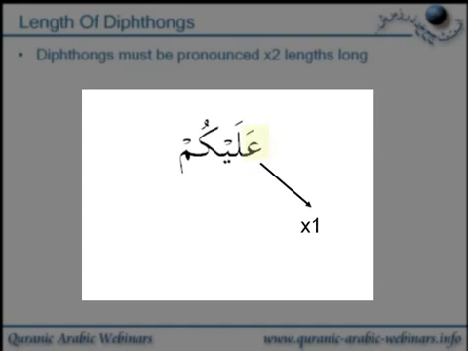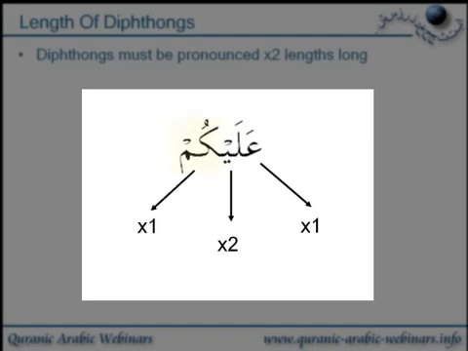The ayn with the fatha is one long, because remember the short vowels are one long, so we have a. Now the second bit, the lam with the ya, and you can see the sukoon, this is the sukoon in the Uthmani script, and we've got the fatha on the lam, so this is a diphthong. So the lay sound is a diphthong. You must say that of a length 2 relative to length 1.